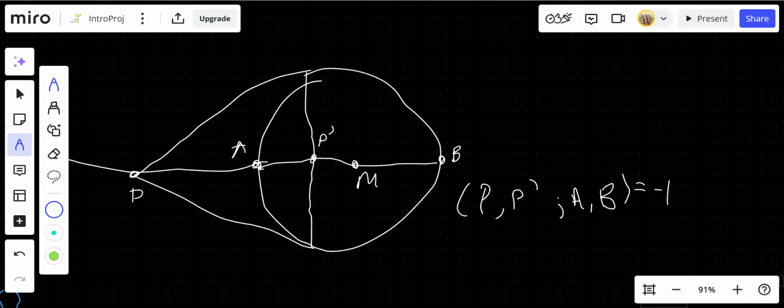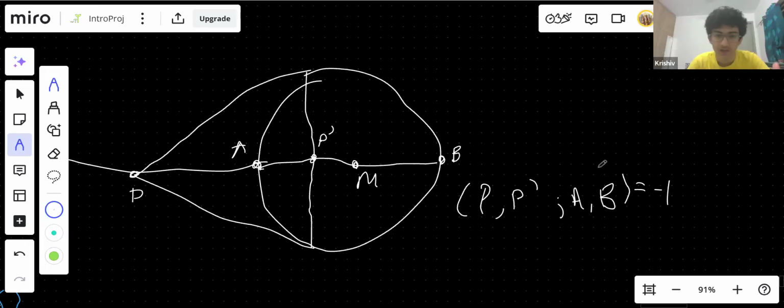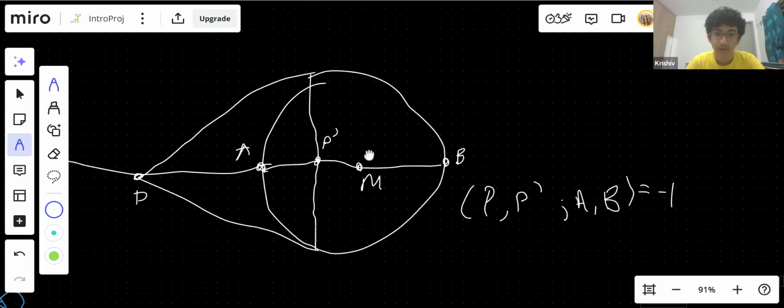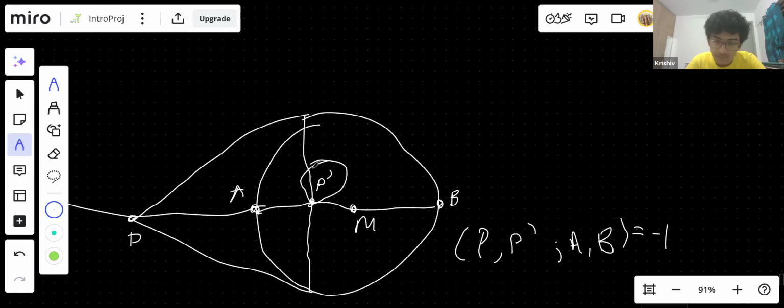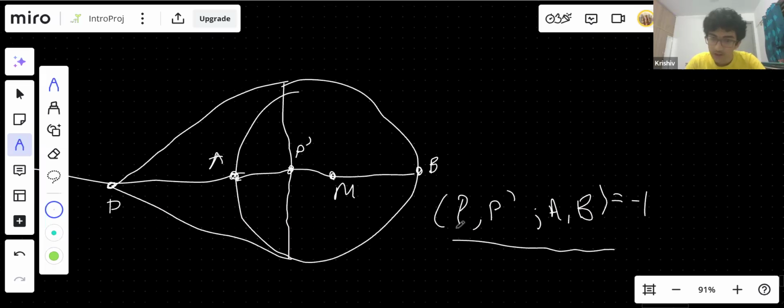It's the same thing. It's just a special case, right? So basically, what this is saying is, there is only one point P dash such that P dash comma P comma A comma B is -1.